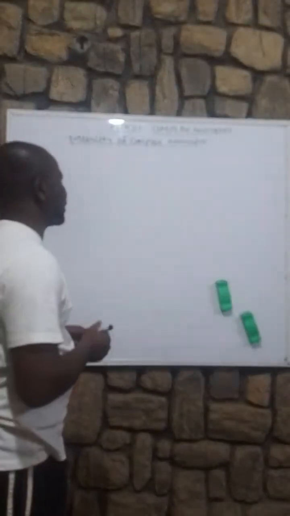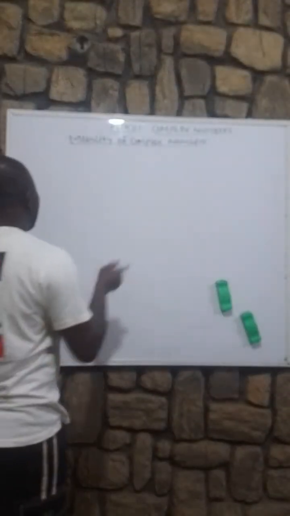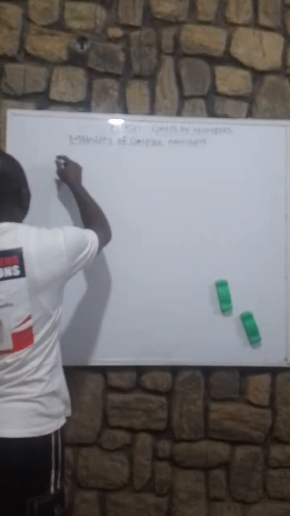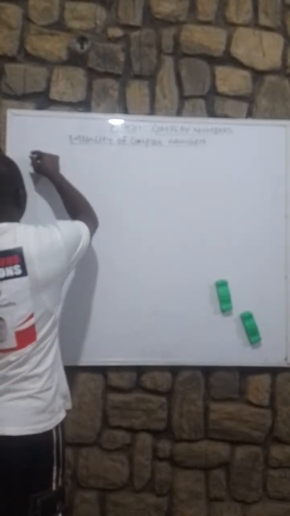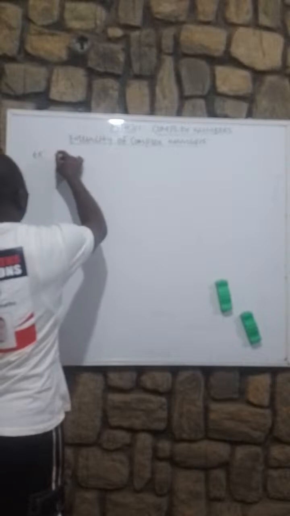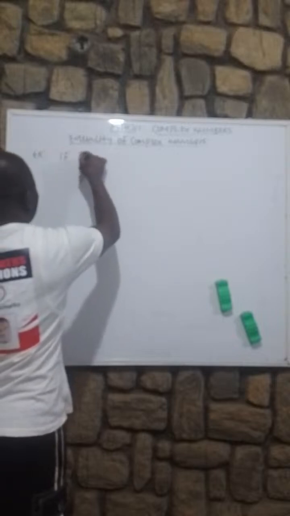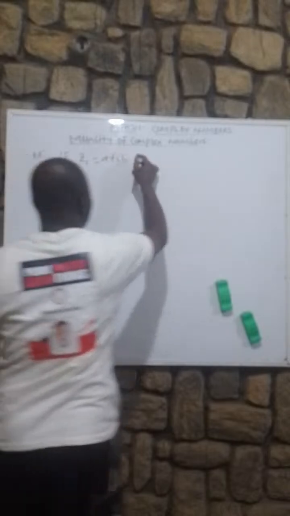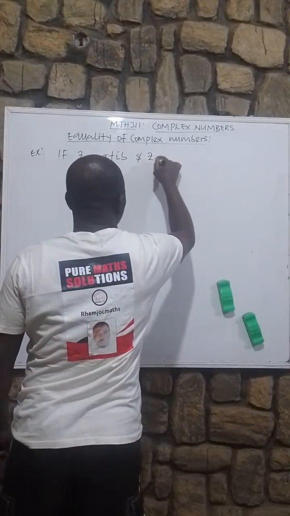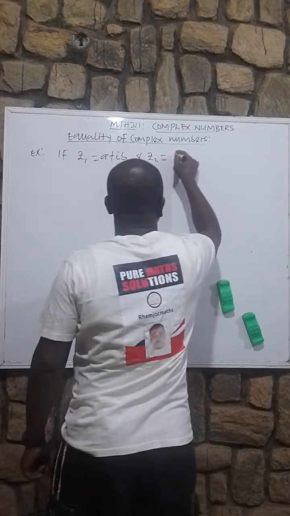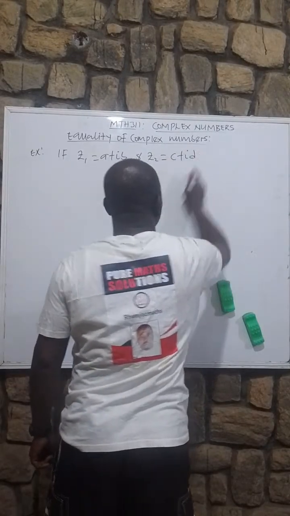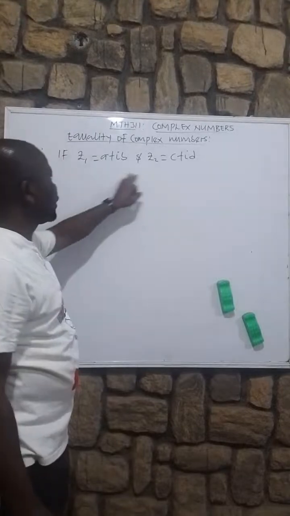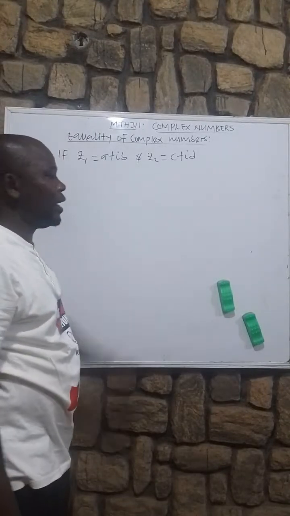So when we say equality of complex numbers, for example, if we have Z1 equals A plus IB and Z2 equals C plus ID, these complex numbers are equal.